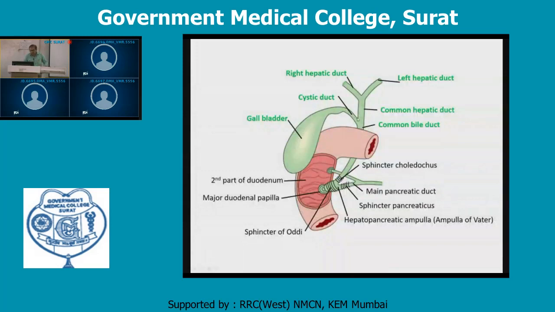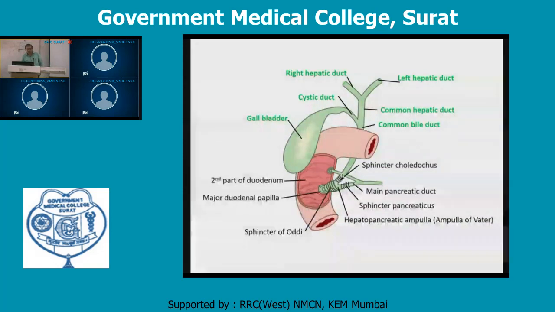Now this is the duct of the gallbladder, known as the cystic duct. So recalling, these two are the hepatic ducts, right and left, draining the respective physiological lobe, which unite to form a common hepatic duct. This one is the gallbladder and this is the cystic duct. Here one can notice that the cystic duct and common hepatic duct unite to form one large duct, which passes behind the first part of the duodenum and is known as the common bile duct.